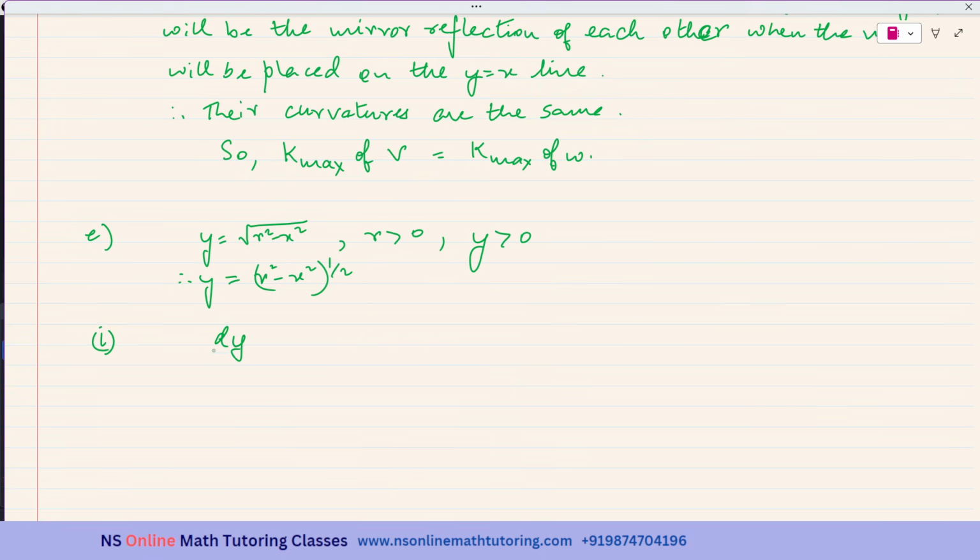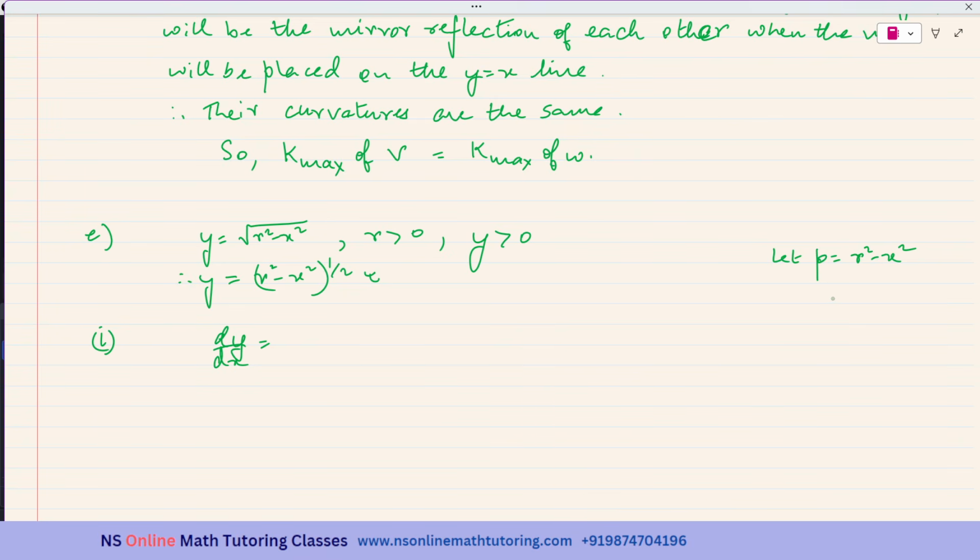So dy by dx, I am differentiating this expression directly, but if you cannot differentiate it in one step, this is a composite function, then you can write let p is equal to r square minus x square. I know the majority of students will be able to differentiate in one step.